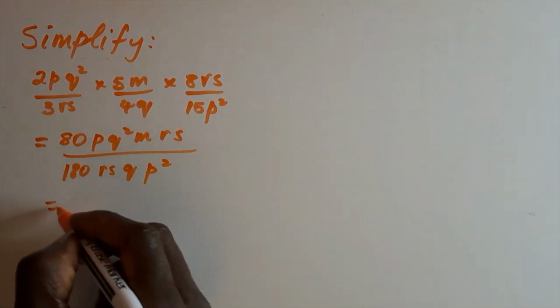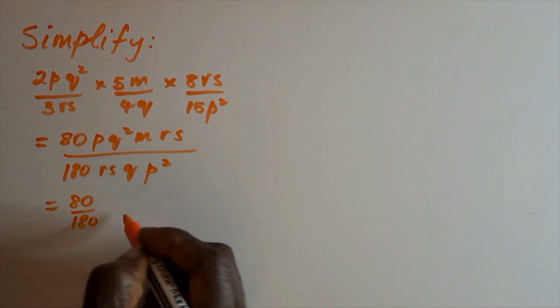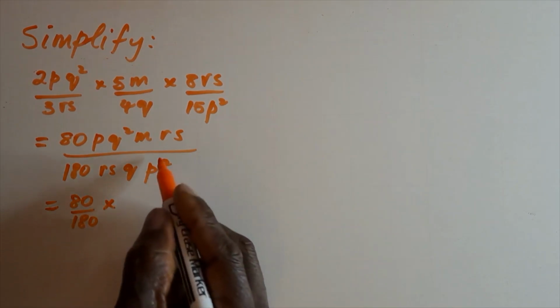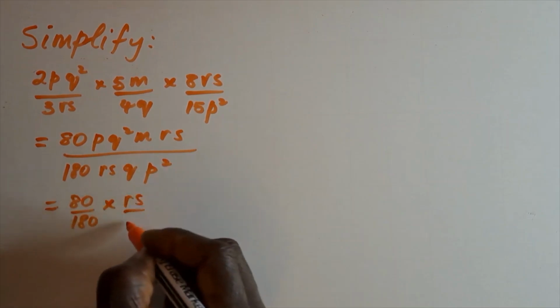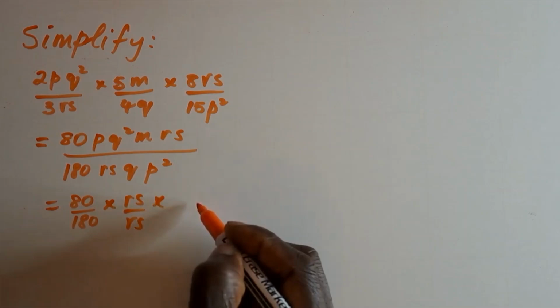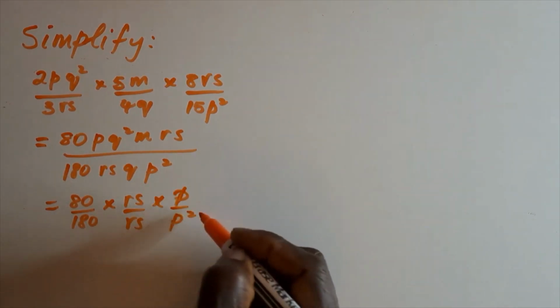To tidy this up, we can get our 80 over 180. We'll put rs over rs. So we'll separate this again just to make it easier to see. We have p over p squared.